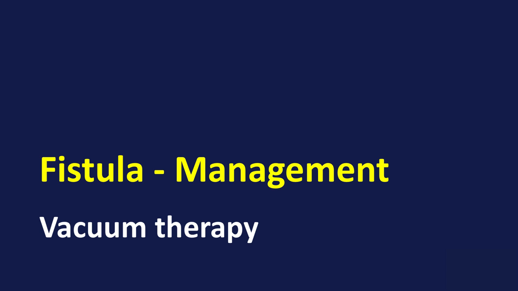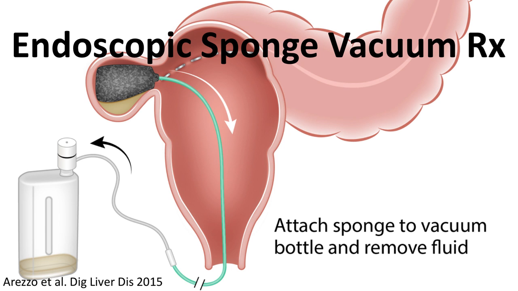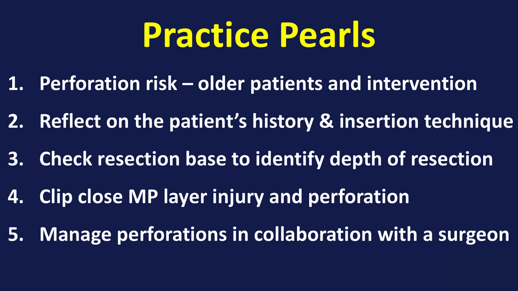A few words about fistula management. Recently, there is a lot of interest in vacuum therapy. Although the literature is limited, you go in, suction out by applying a sponge into that fistula, and you may have to do it multiple times to clear it up.